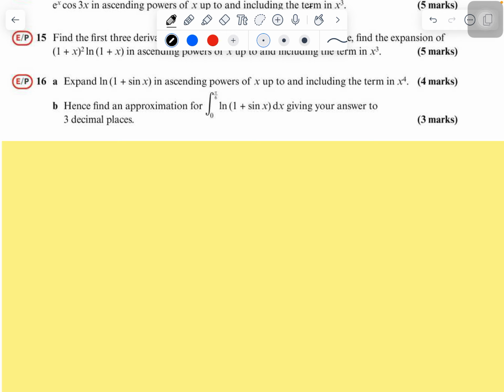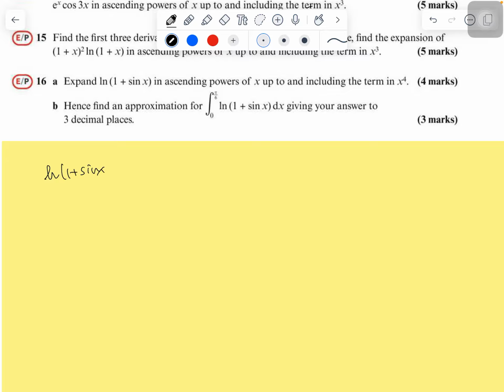So in that case, we can use the Maclaurin series instead of the original function, because the Maclaurin series is the approximate model of the original function near 0. So this is a very good approach to find the integration between 0 to pi over 6 by using this series. So ln (1 plus sine x), I need to see it again.